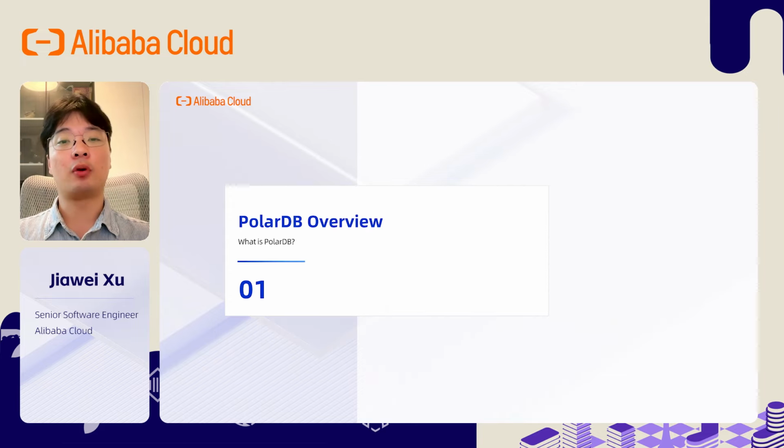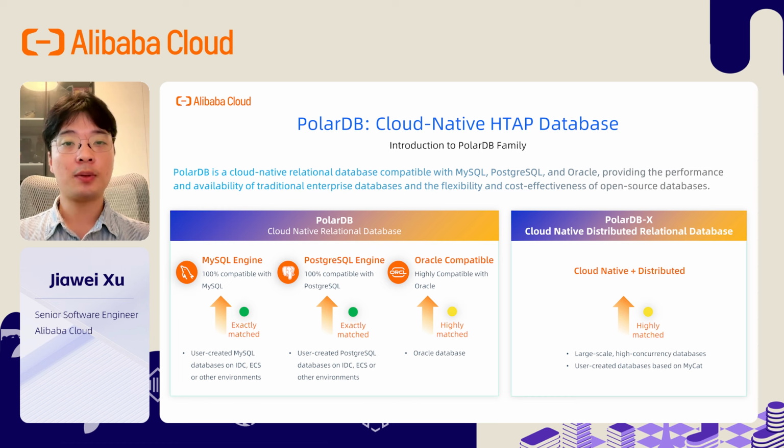Let's kick things off with a clear understanding of PolarDB. PolarDB is Alibaba Cloud's advanced cloud-native relational database. It offers extensive compatibility with popular databases like MySQL, PostgreSQL, and even high compatibility with Oracle.